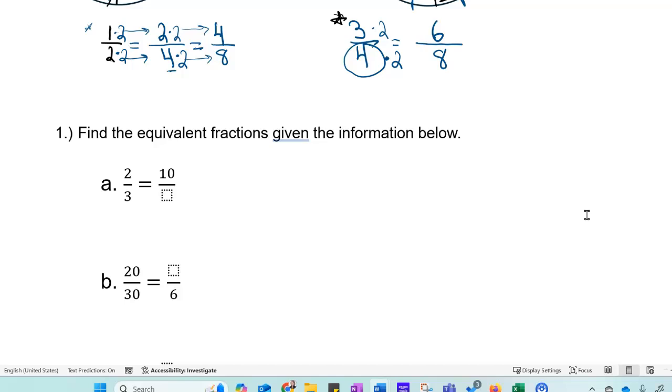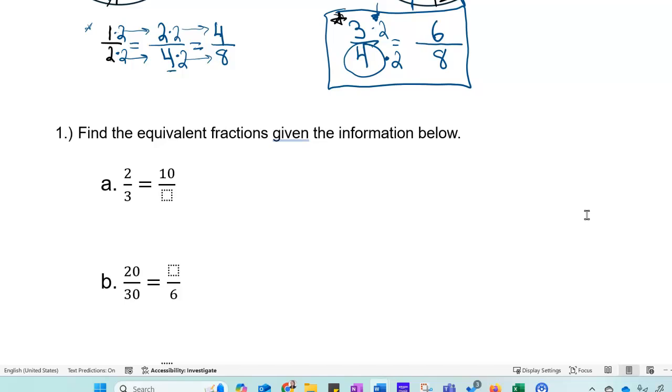And notice, if I focus on this one for a second, I am multiplying by 2 over 2. Well, 2 over 2 equals 1. So you're doing the same thing as multiplying each of these fractions by 1. And because of the identity property, 1 times anything is itself. So you have to do multiplication, and it has to be the same thing top and bottom.